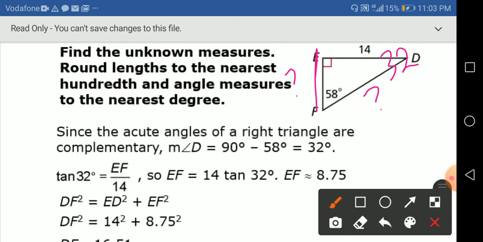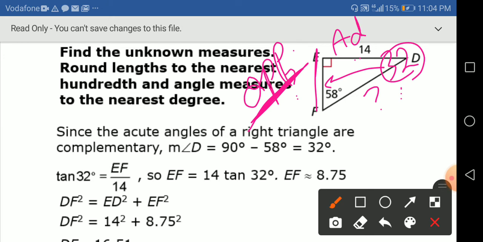So if I say tangent of angle 32, because I know the measure of angle 32, I need the opposite and I need the adjacent.